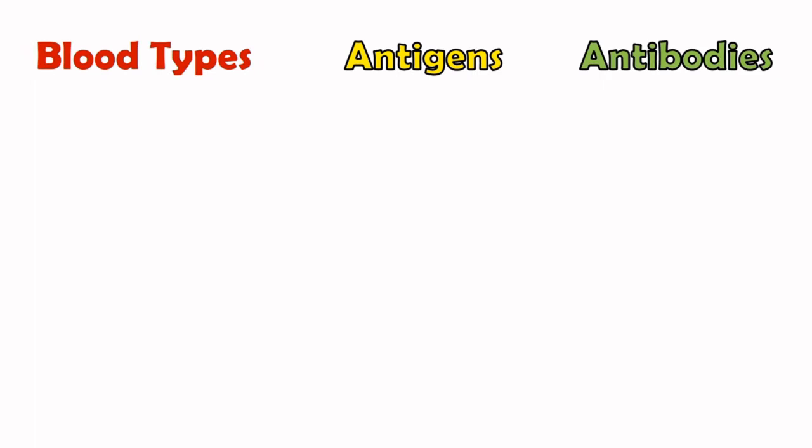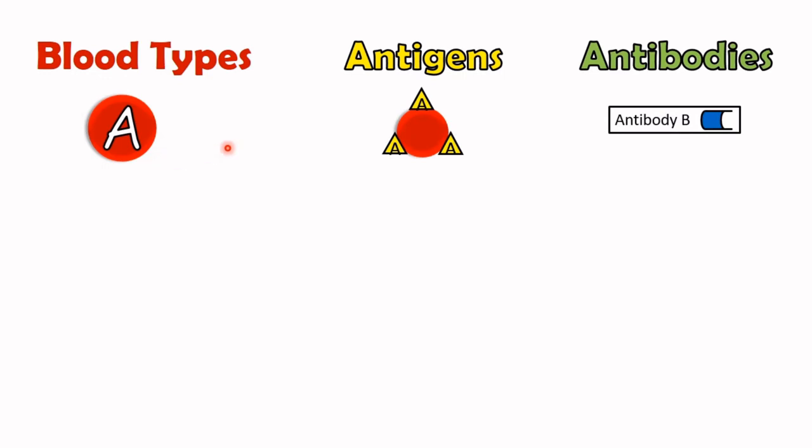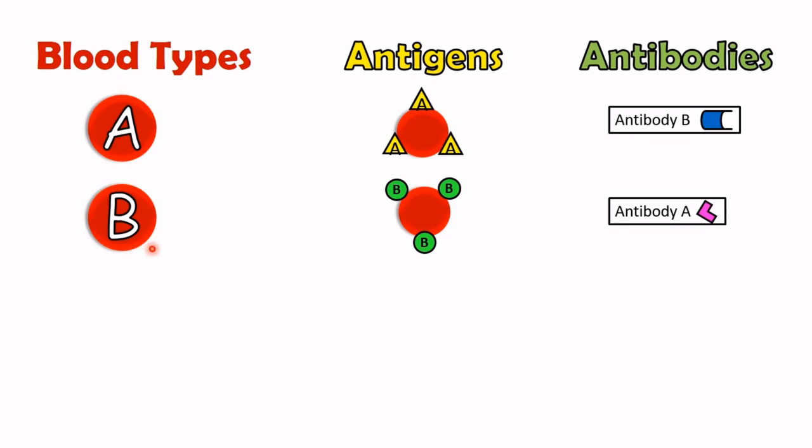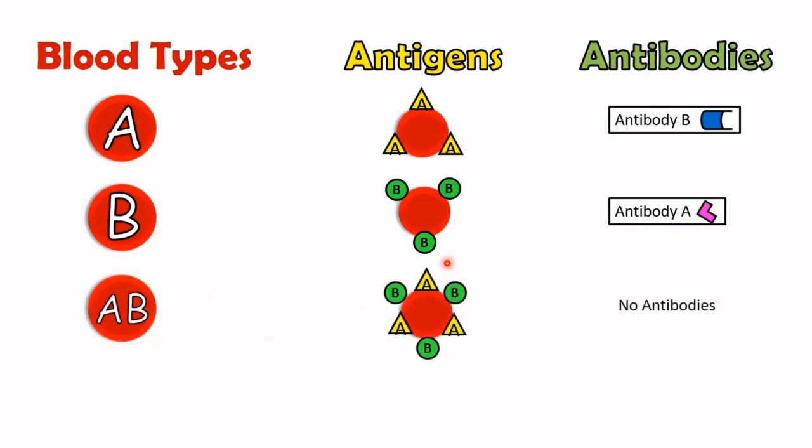So let's go review. Okay, so for the blood type A, it will have the antigen A and antibody B. Remember, antigen and antibodies are opposite. Next, blood type B will have the antigen B and the antibody A. For the AB blood type, both of the antigens are present, which is the antigen A and also the antigen B. So the antibodies must be opposite to the antigen, which means there are no antibodies here.